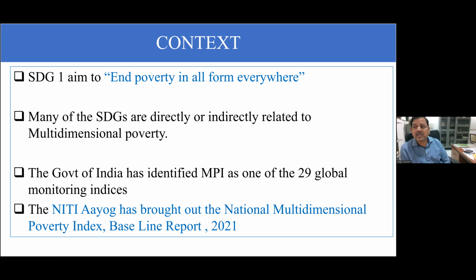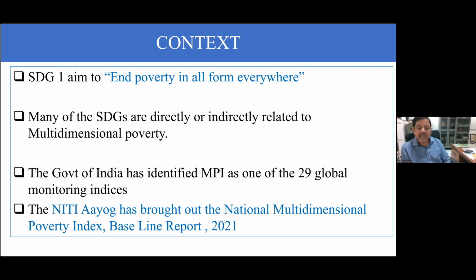This is basically a sense of reduction of multidimensional poverty. Many of these SDG goals are directly or indirectly associated with multidimensional poverty. Interestingly, the government of India has identified the MPI, multidimensional poverty index, a composite index, as one of the 29 global monitoring indices.